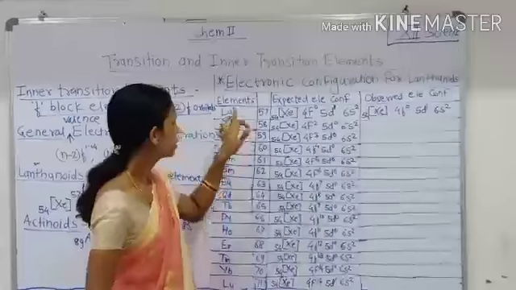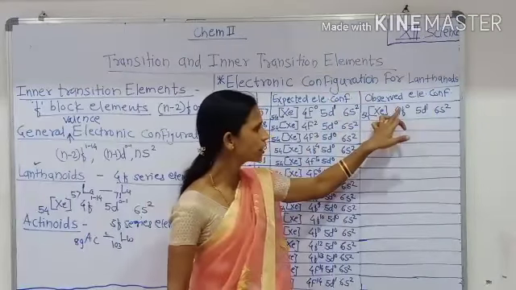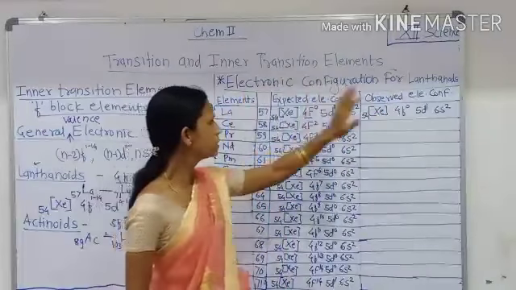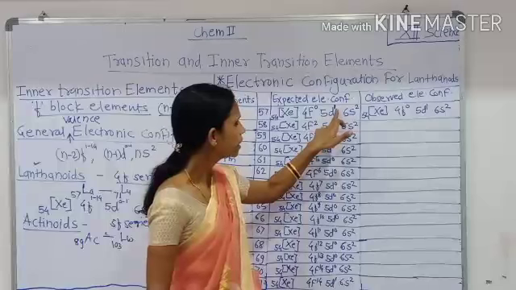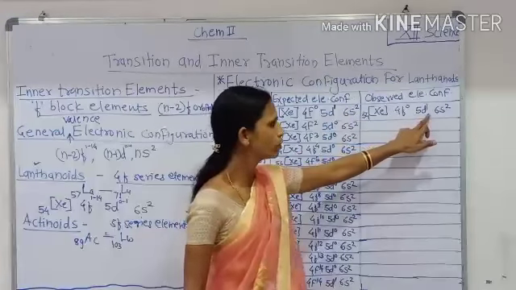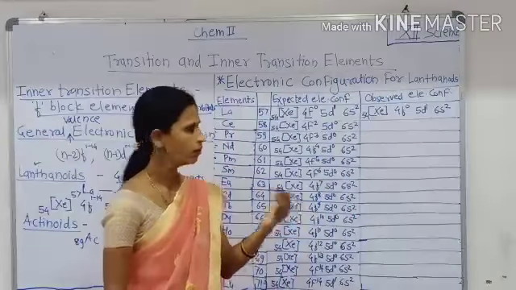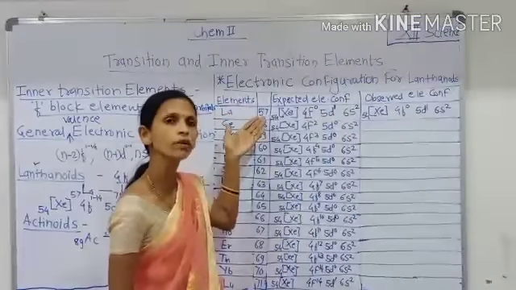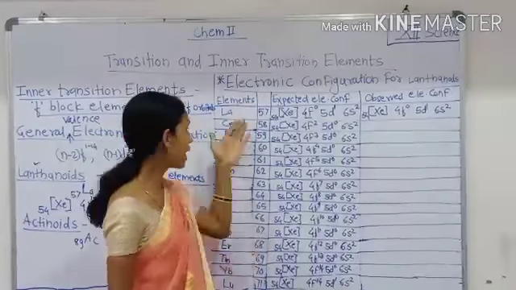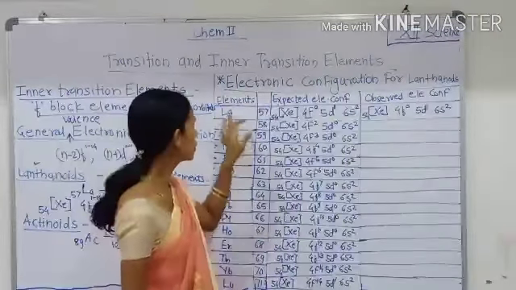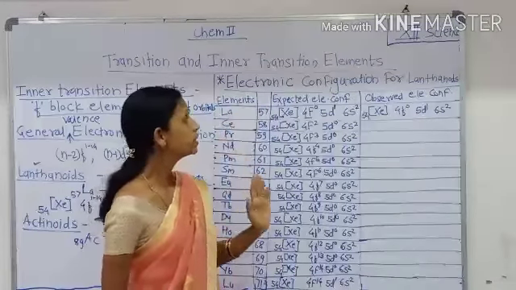See here, the expected electronic configuration and observed electronic configuration for lanthanum are the same, in which the last electron enters into the 5d orbital. Therefore, it is a d block element. But most of the properties of lanthanum are similar to the lanthanoid elements. Therefore, it is taken in the lanthanoid series. Then why is that?